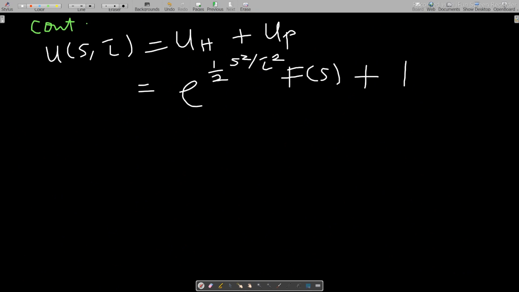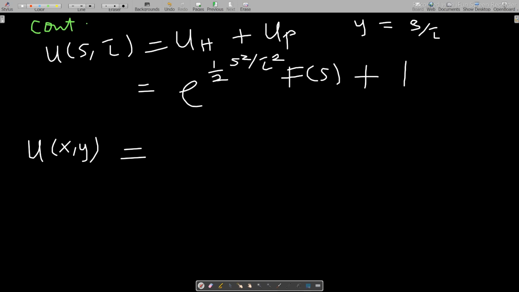Now this is in terms of s and tau, so u of x, y will be what? Now we said that y is equal to s over tau, and so y squared will be s squared over tau squared.